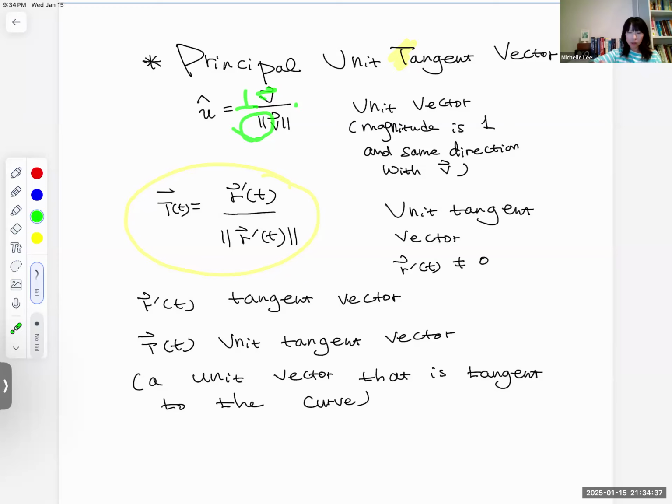So vector v over the magnitude of vector v is the unit vector. Then for the unit tangent vector we use the first letter T here. In vector notation, we know that r prime of t is the tangent vector, right? Then r prime of t over the magnitude of r prime is the unit tangent vector.